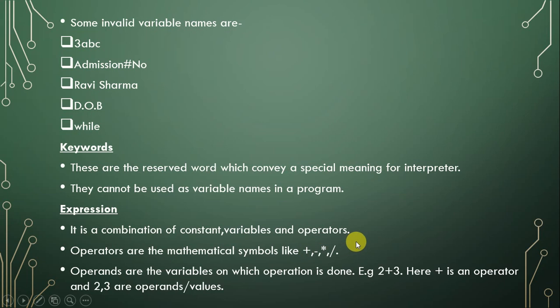They can be greater than, less than also. Operands are the variables or values on which the operation is done. If I say 2 plus 3, here 2 and 3 are the operands, or you can say values, and the plus sign in between these numbers is an operator.